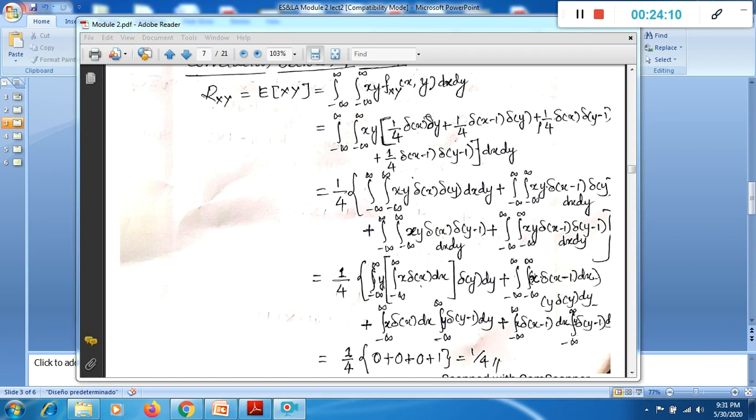We write this x into y del x del y dx dy in this fashion. We write one integration with respect to y, and we take y outside, and within a bracket we write the integration with respect to x, that is x del x dx, and outside del y dy.